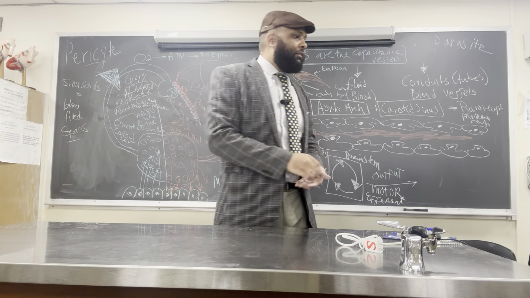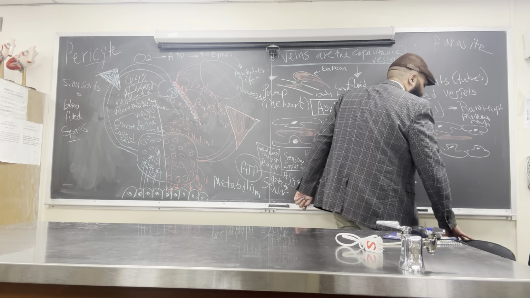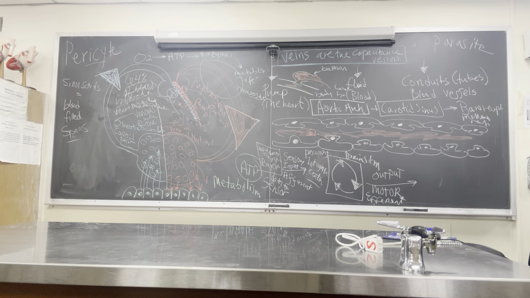If you look in that figure, do you see here those valves? They allow for one-way passage of blood. If the blood has to return back to the heart, the muscles have to contract, and when they contract, the blood is going to be sent upward.